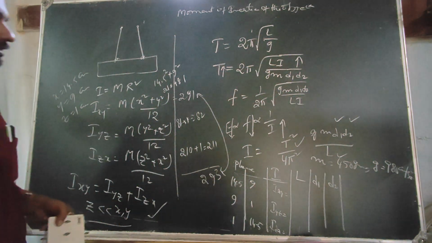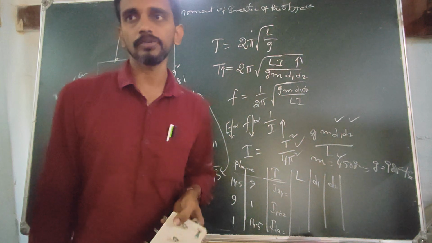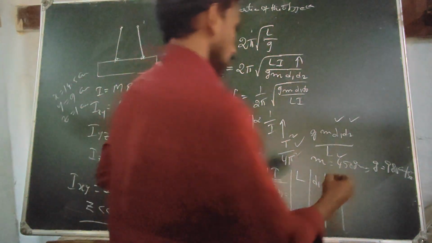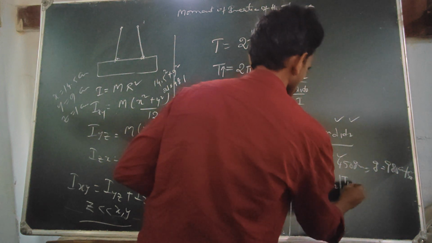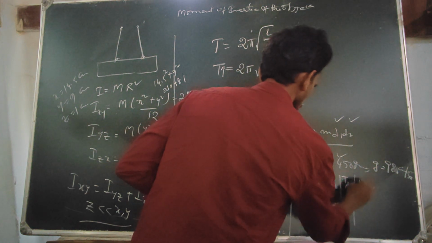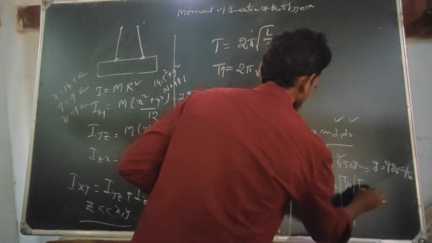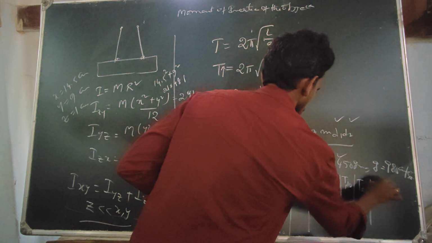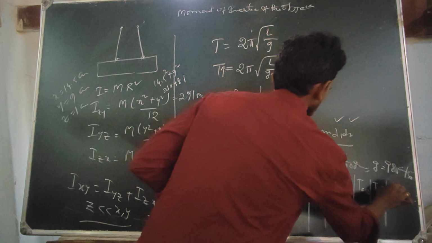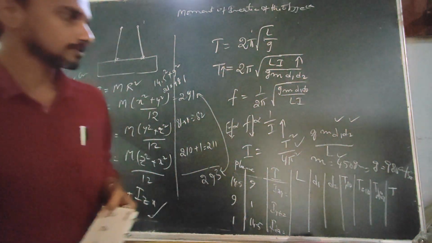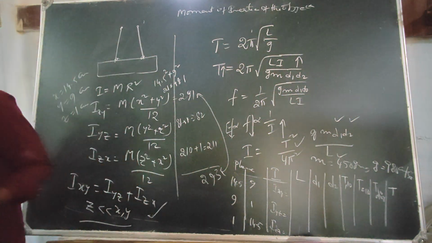What else is remaining? Time period. So we have to measure the time period. So for that I measure time period for 10 oscillations. Trial 1, trial 2, 10 oscillations, and average for 10 oscillations. Time period is average by 10.